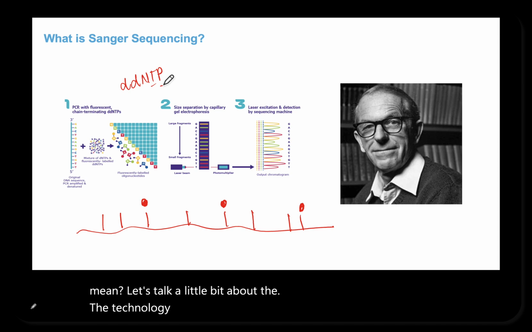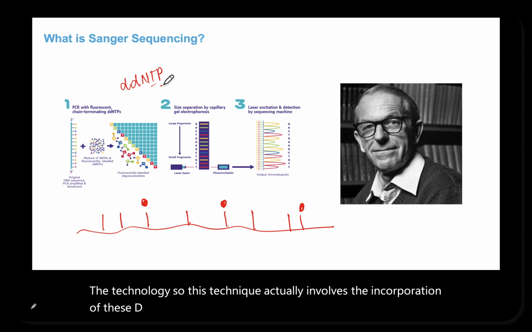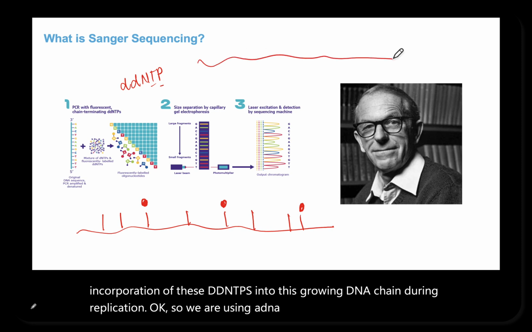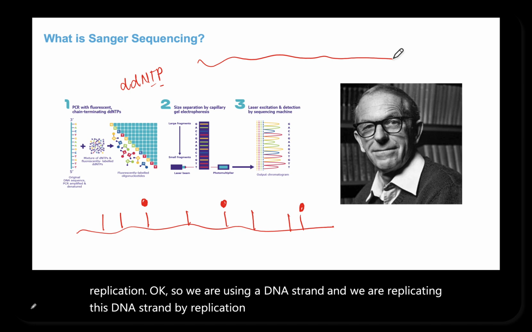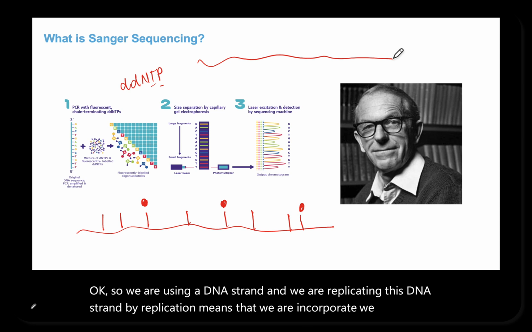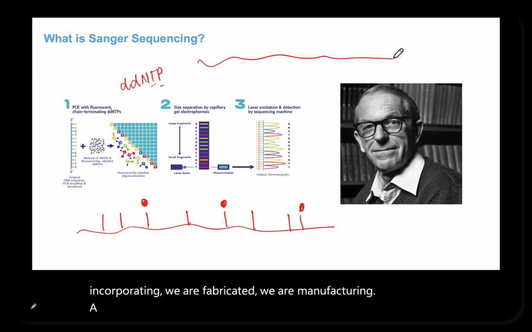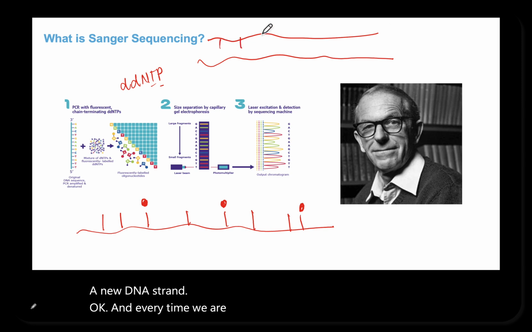This technique involves the incorporation of ddNTPs into the growing DNA chain during replication. So we are using a DNA strand and we are replicating it. Replication means that we are manufacturing a new DNA strand, and every time we add a new nucleotide, we are elongating this DNA chain.